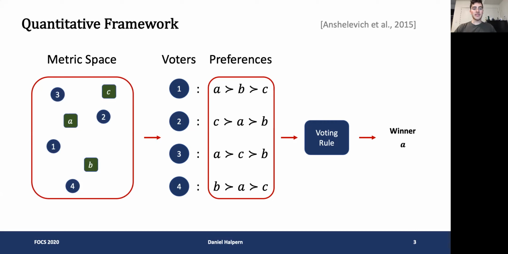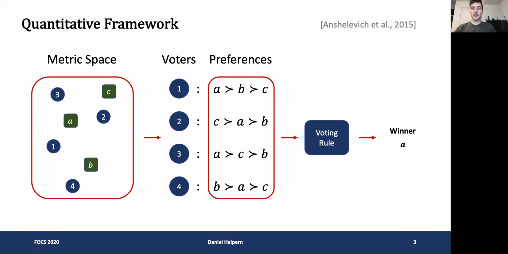The way to think about this is that this metric space can represent voter and candidate ideologies. So the closer a voter is to a candidate in this space, the more similar their views are, and the more that voter prefers that candidate to others. The way these costs induce the preferences is that voters simply say they prefer candidates that are closer to them. So voter 1 here says that they like A the most, followed by B, followed by C.